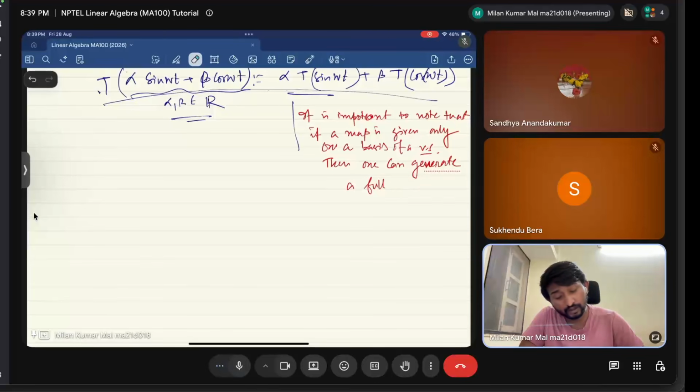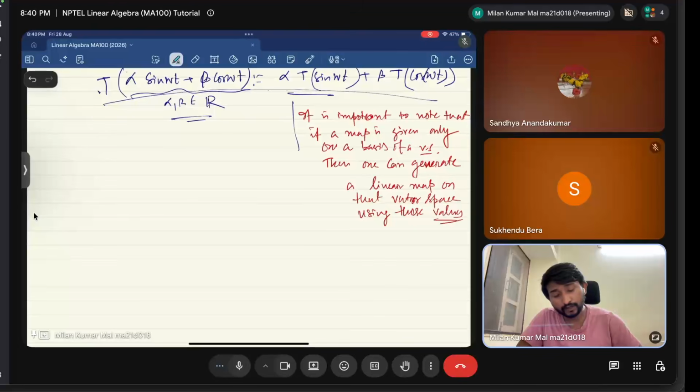Because if you just want to get a map, you can map every other entry to 0. That you can do, but that's not a linear map. One can generate a full linear map on that vector space using those values.